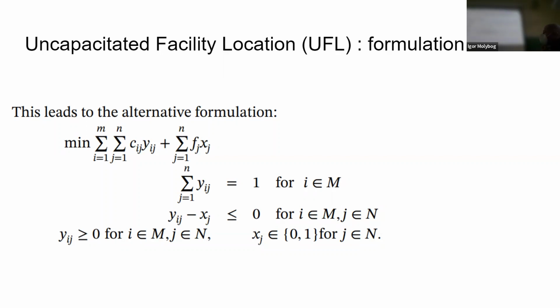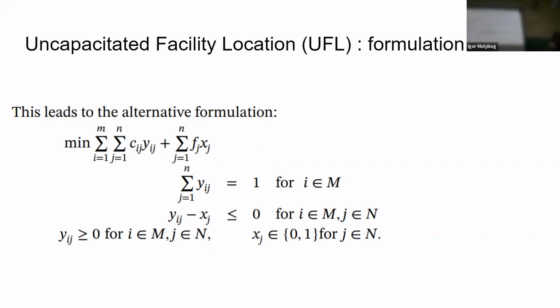Moreover, yij must be less than or equal to xj. Therefore, yij can be greater than 0 only if j is equal to 1.